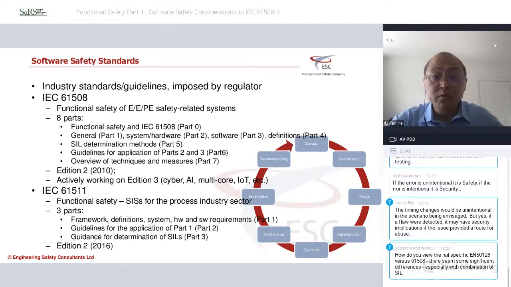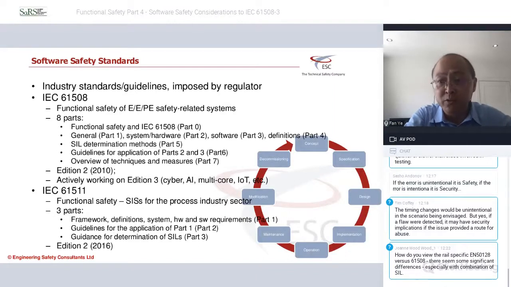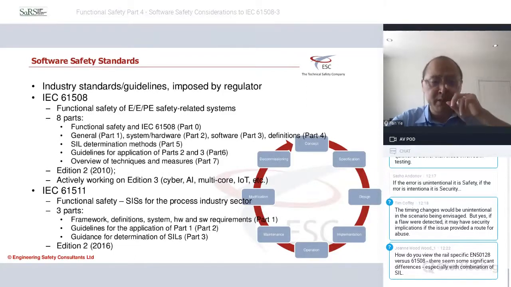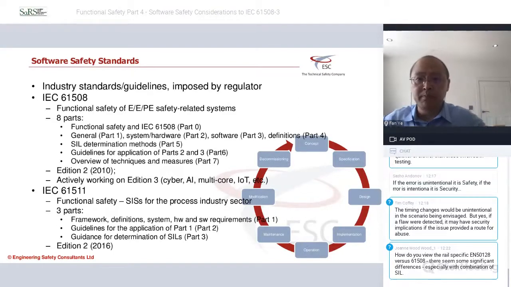So parts 1, 2, 3 and 4 mainly contain the normative requirements, the mandatory requirements. Parts 5, 6, and 7 contain informative parts. Part 5 talks about different SIL determination methods. In the previous seminar of the series, we talked about SIL determination methods. Guidance on the application of part 2 and part 3 is in part 6. An overview of the techniques and measures is in part 7.